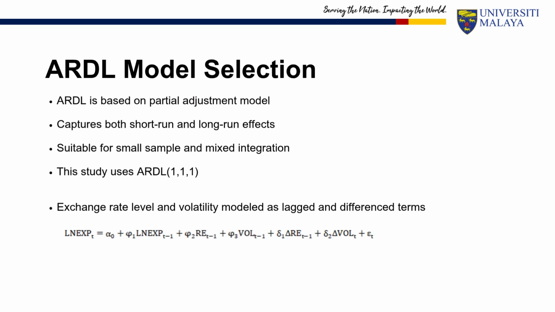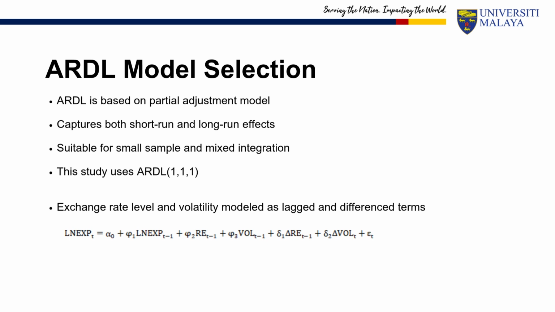So next part is the ARDL model selection. We use this model because it's very useful when we have time series data that are not all stationary at the same level. And it can capture both short-term changes and long-term relationships. So from our sample and the ADF test, we saw that some variables are I(1), which also matches the conditions for ARDL.